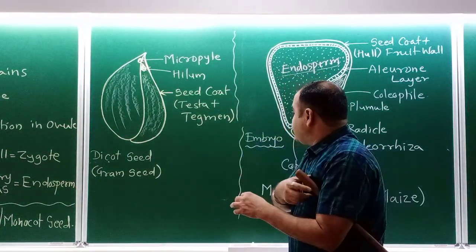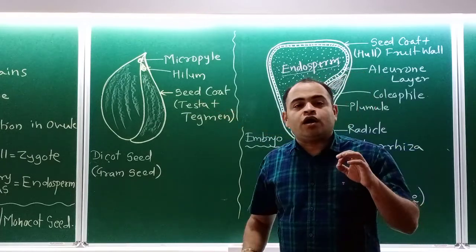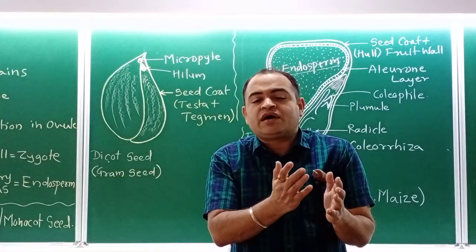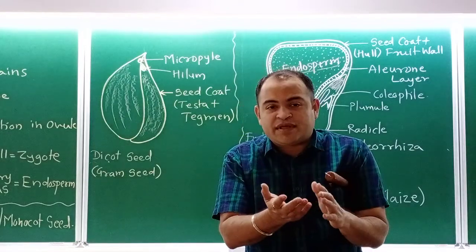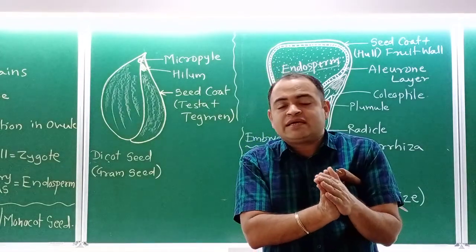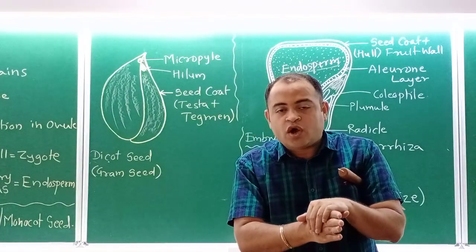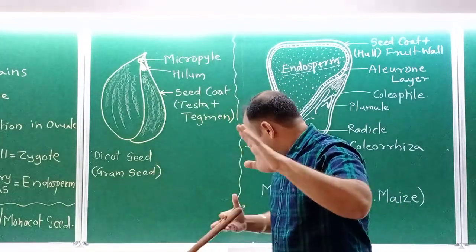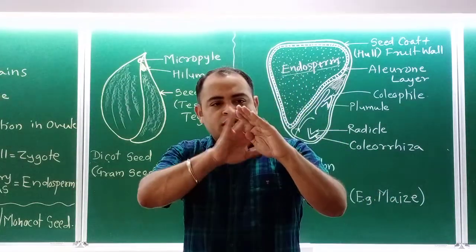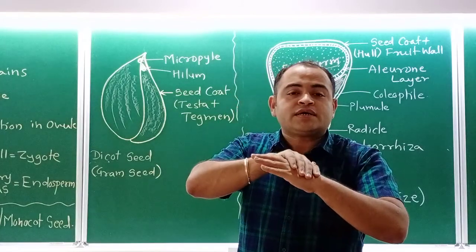So definitely this testa plus tegmen forms a seed coat. You cannot easily differentiate between testa and tegmen because they are fused. The outer side is testa, and the inner side is tegmen, which jackets the cotyledon. Always remember, consider this part. The outer part which you can see here is testa.